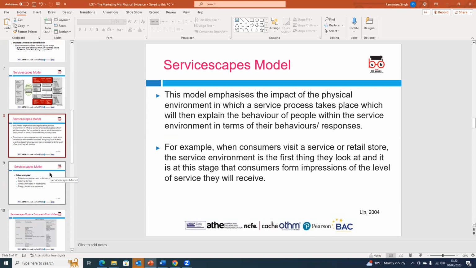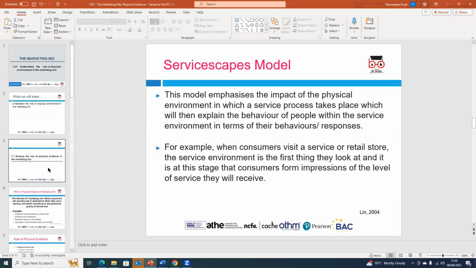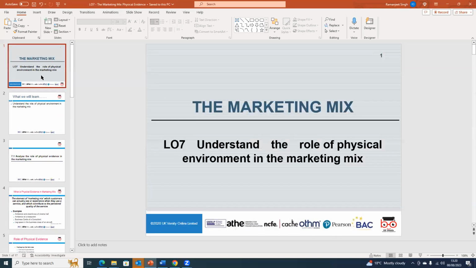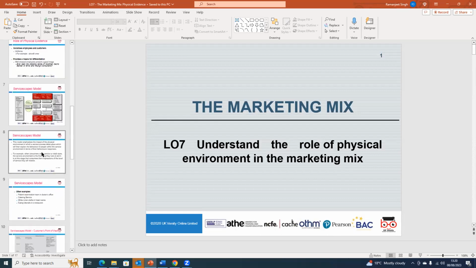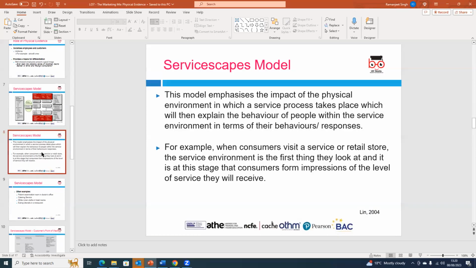So when you have an organization, you must understand that the role of the physical environment is very important. You can use the servicescapes model to look at the environment, the service and the place, how it works and how it should work, physically as well as service-wise. That's the whole thing.